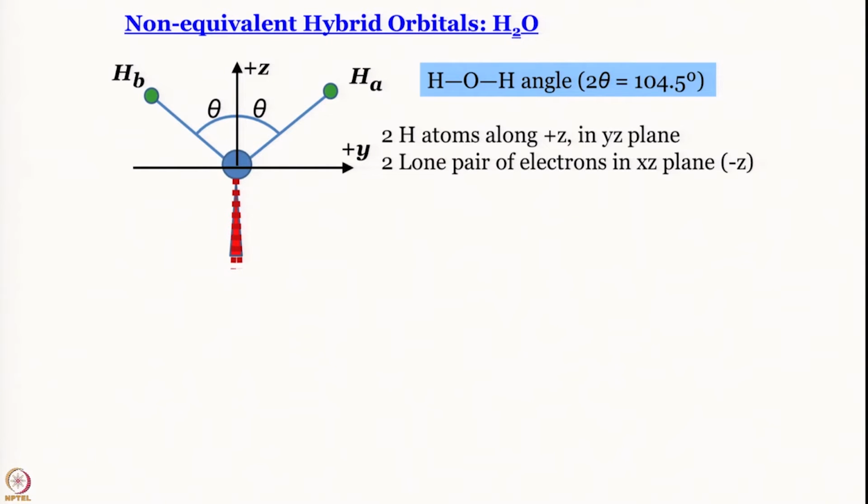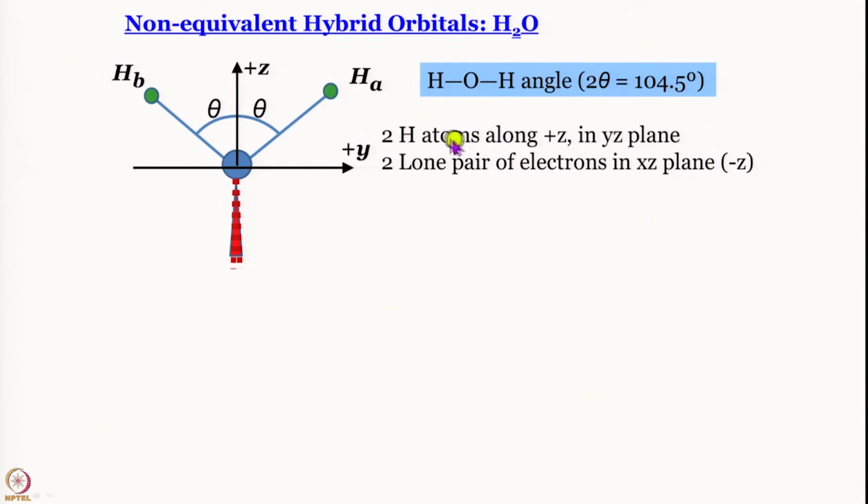It has to be something beyond sp3, because the sp2 bond angle is 120 degrees, and sp is 180 degrees. So, as you go from sp to sp2 to sp3, the bond angle keeps on decreasing, right, 180 to 120 to 109.5.